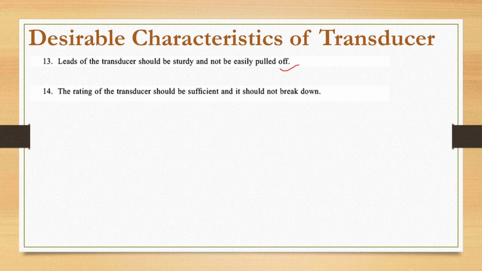So if you design the temperature transducer for only up to 100, and if your temperature goes beyond 100, then it is possible that your transducer breaks down. So this should not be the case. You should design a transducer by taking some plus minus margin in the readings of the quantity which you are measuring. So these are all the desirable characteristics of transducer.